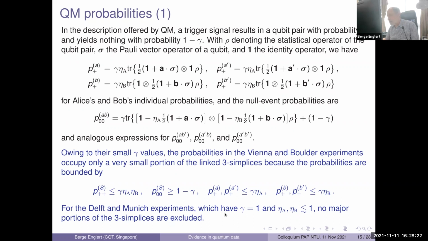Okay, and so I remind you that for the Delft and Munich experiments, the gamma is 1, so this is kind of 0, and these detection probabilities are close to 1, and so there are no major portions of this 8-dimensional hyperplane excluded by these constraints. However, in the Vienna and Boulder experiment, the gamma values are small, and so these constraints exclude big portions. Okay, so we need to pay attention to these details.